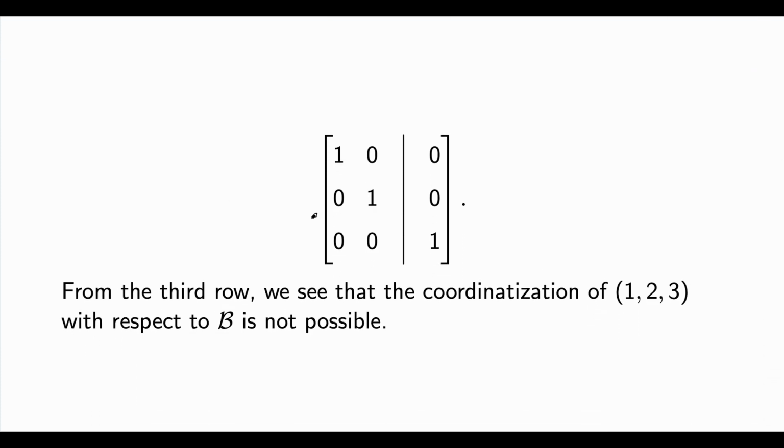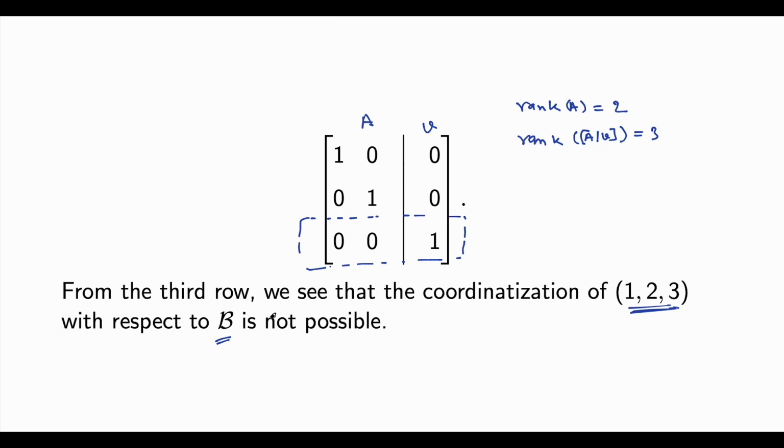What happened? The rank of the A matrix is 2, and the rank of the augmented matrix is 3. It means the system has no solution, an inconsistent system. Therefore, coordinatization is not possible.